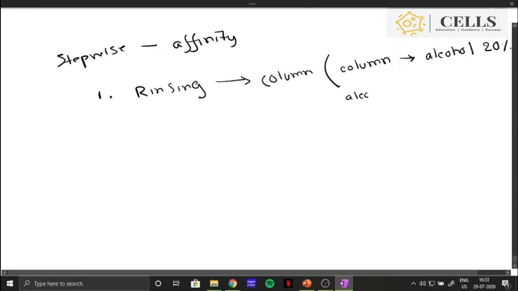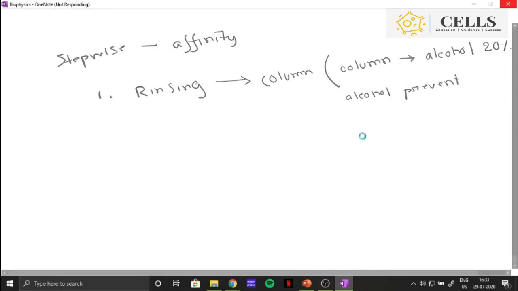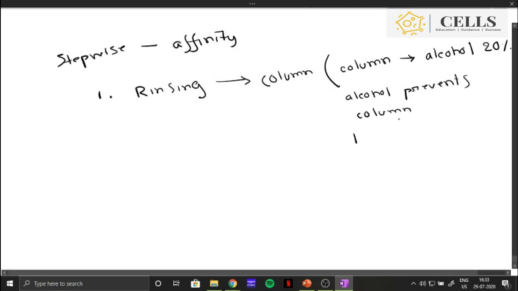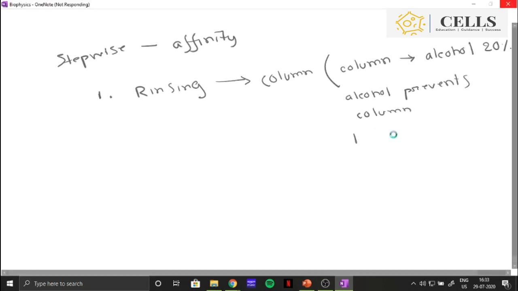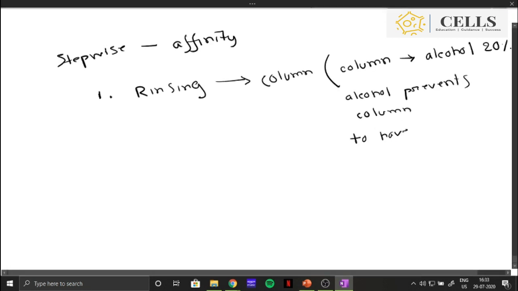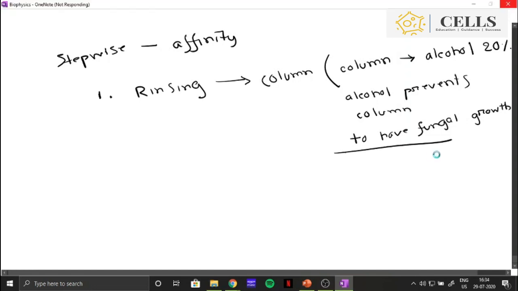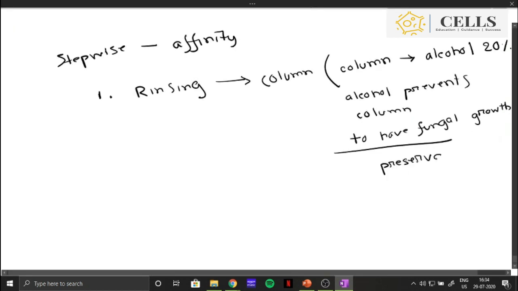The alcohol that is present there prevents the column from having fungal growth, so this is for preservation purposes. So you have to rinse the column with water. This is the first step.